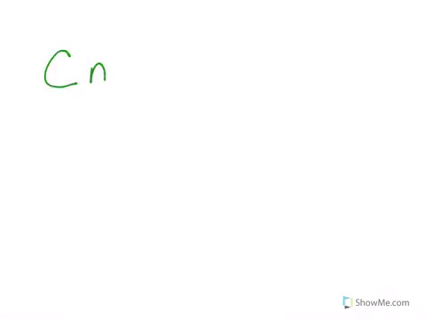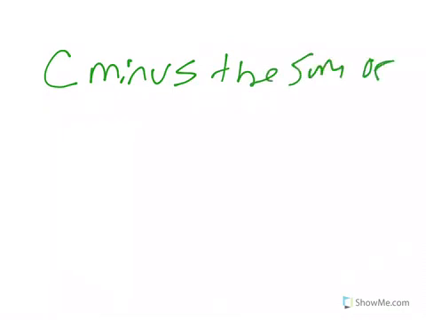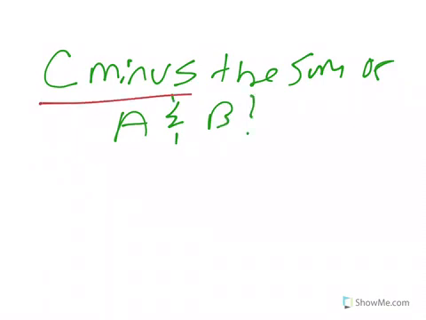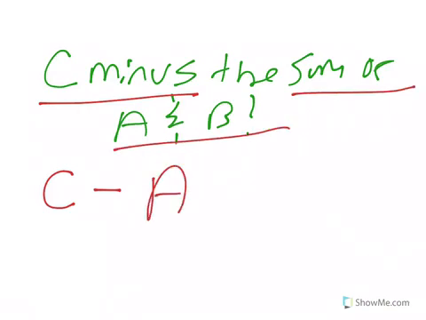Can we show c minus the sum of a, excuse me, and b? This is one where it gets a little tricky. So it says c minus something. So we know we're going to start out with c minus. And then when we have the sum of a and b, we know that means addition.